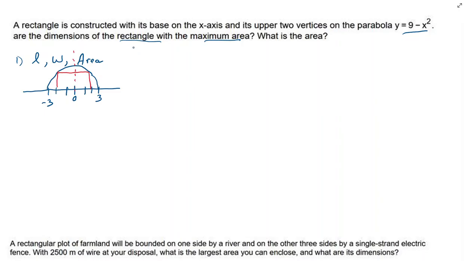So if we start with the base, or the length, we know the length is going to be 2 times whatever the positive x is. Is everybody comfortable with that? Questions on that? All right. Well, the width, which is the y, is concerned with the function they gave us.